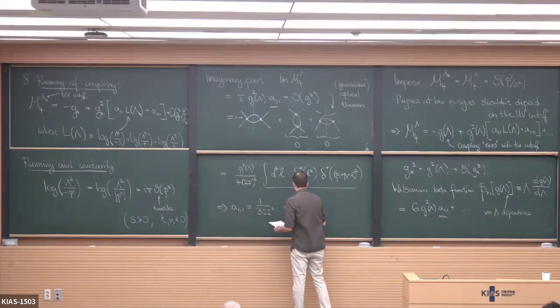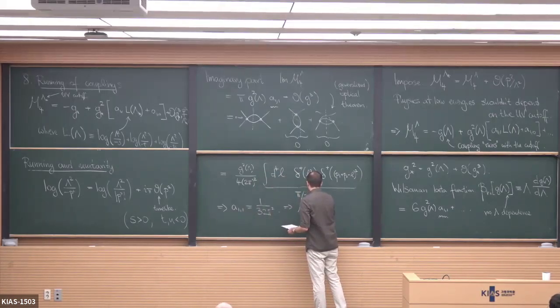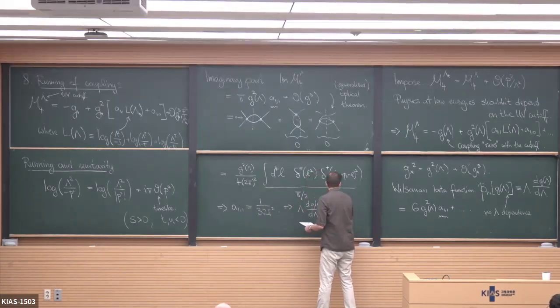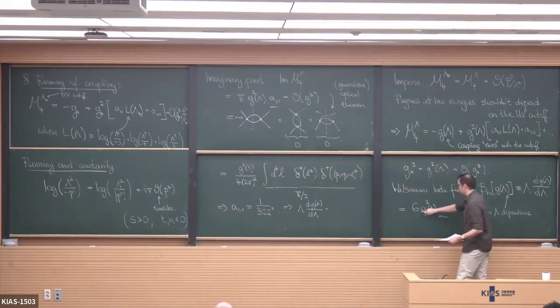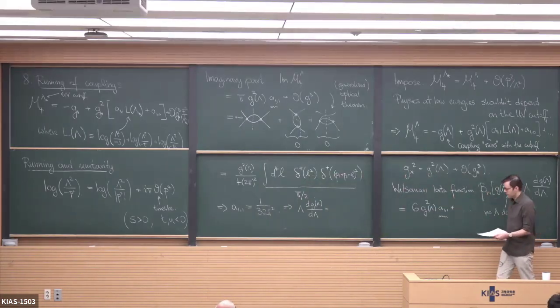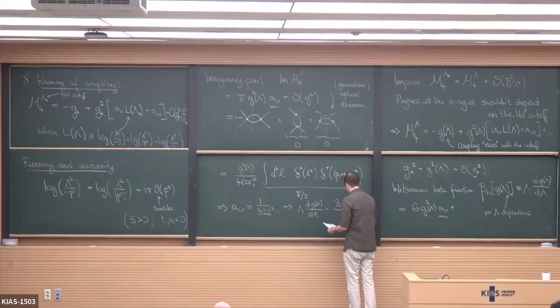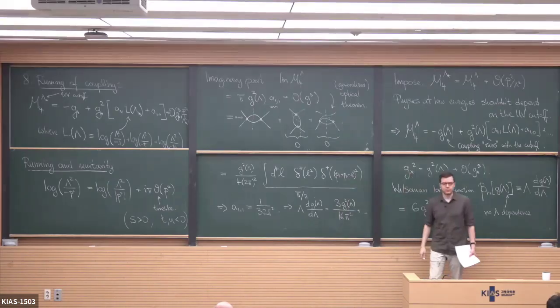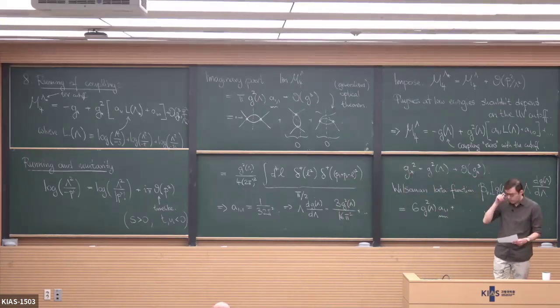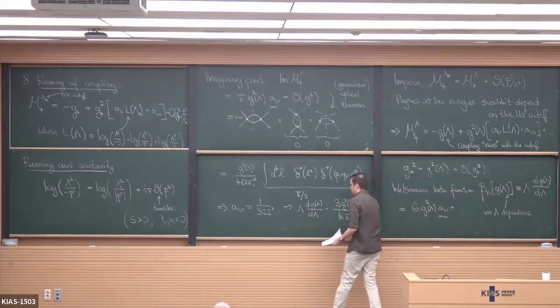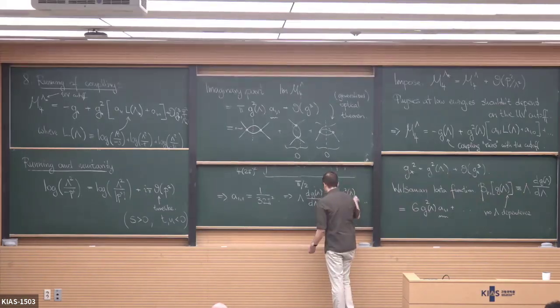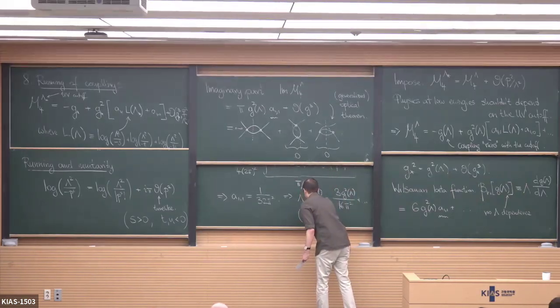And what this also tells me is that the Wilsonian beta function, which is the additional factor of 6, is going to look like 3 times g squared over 16 pi squared at one loop order, plus dot dot dot. Okay, so the thing, let me write it here before. This is entirely fixed by unitarity.